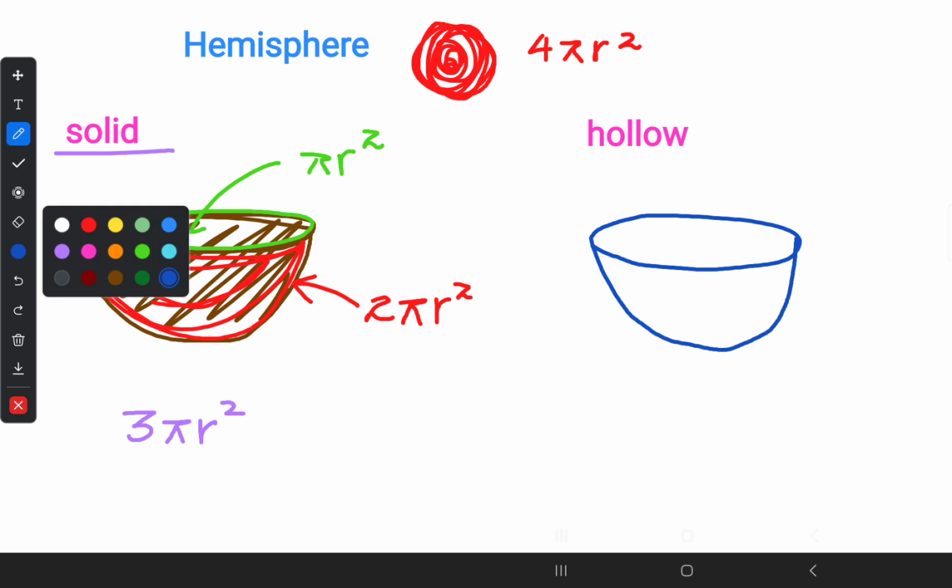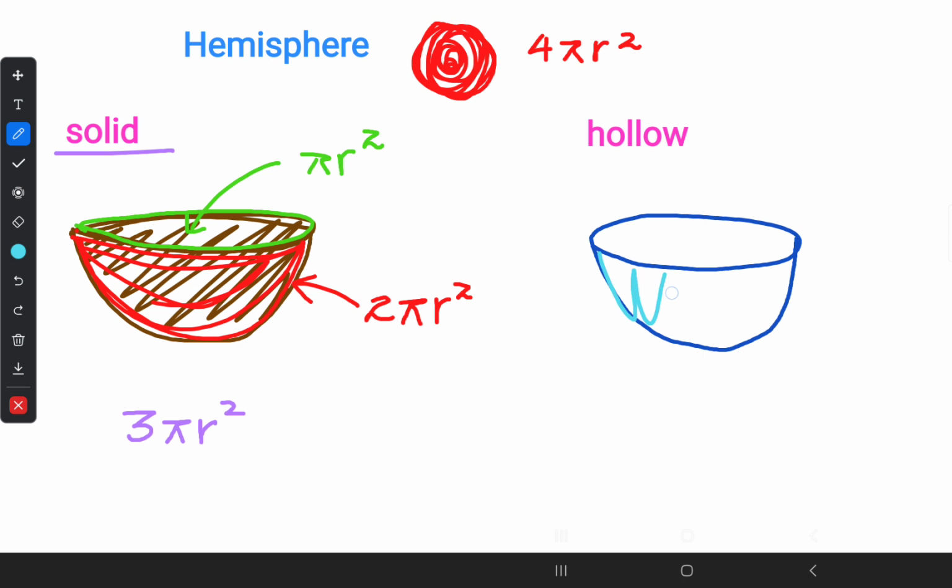So in here, the only considerable region of surface is this curved one only. Think about a coconut half, a coconut shell. You remove the inside coconut material, so you only have the shell. That means the surrounded region only. The hollow hemispherical region only remains, 2 pi r square.